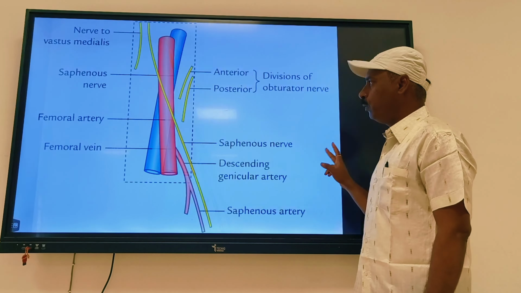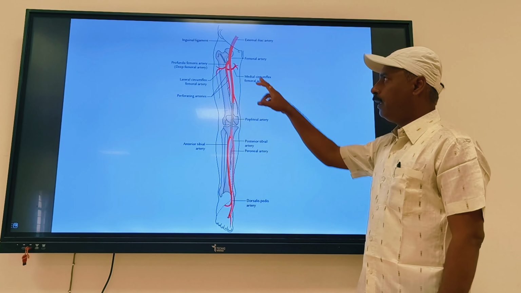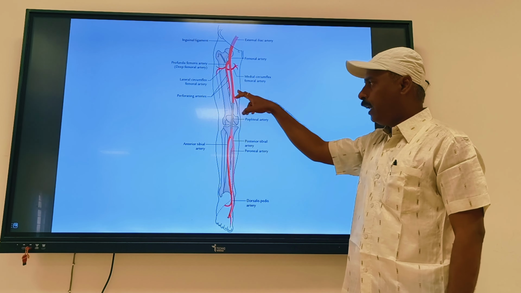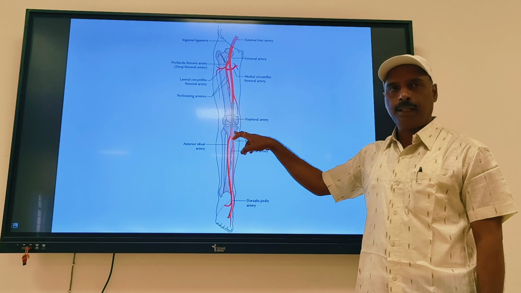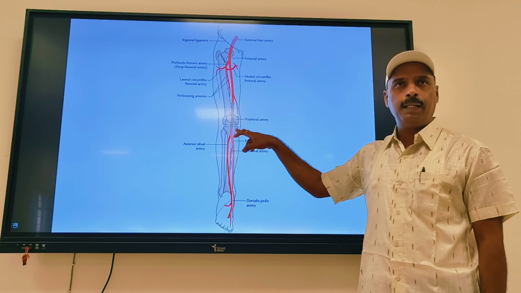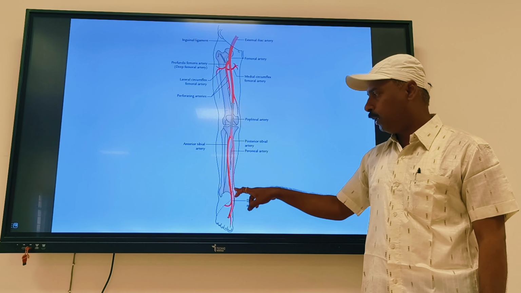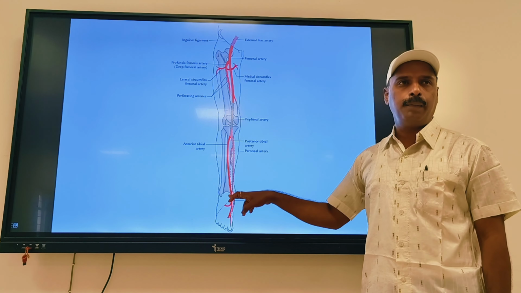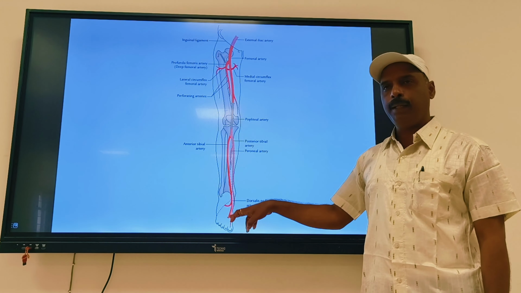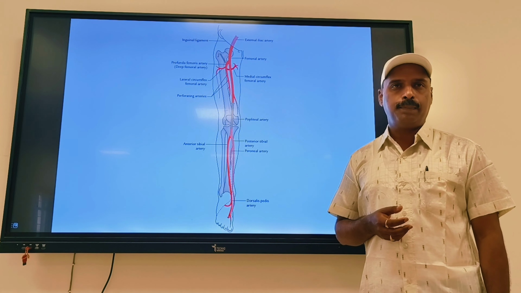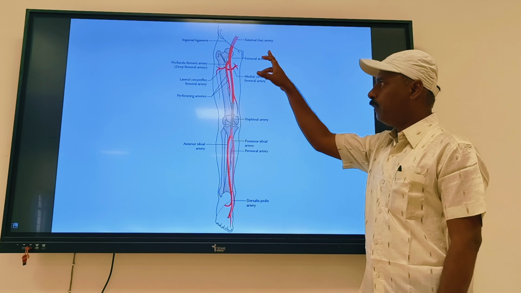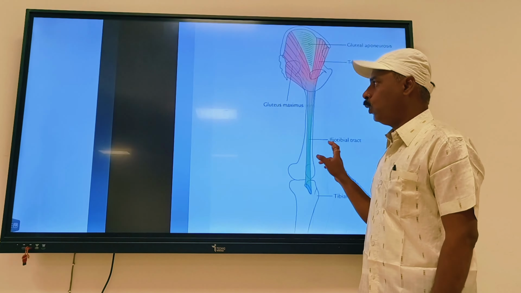Then I show you the external iliac artery, femoral artery, which here continues as the popliteal artery. This popliteal artery in the leg, at the level of the tibial tuberosity, divides into anterior tibial and posterior tibial arteries. Anterior tibial again continues as the dorsalis pedis artery. So this is the course you are going to see.